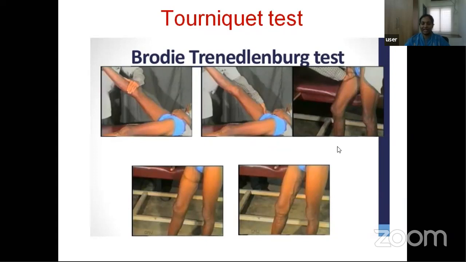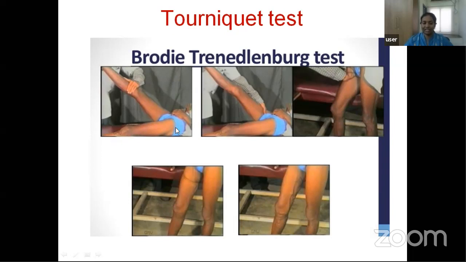So we tie a tourniquet, and then here we have to know two things. Now we make the patient stand with the tourniquet, and without the tourniquet. First, we'll understand there are two things. We make the patient stand with the tourniquet in, after emptying the veins.